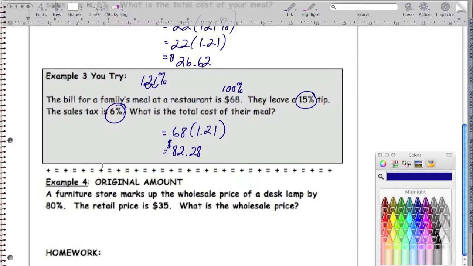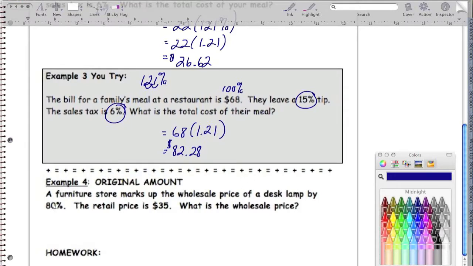Example 4, the very last one. The original amount says a furniture store marks up the wholesale price of a desk lamp by 80%. The retail price is $35. What is the wholesale price? Now, we're talking about so many vocabulary concepts here. It's helpful to put yourself in the situation. Furniture store marks up the wholesale price of a desk lamp by 80%.